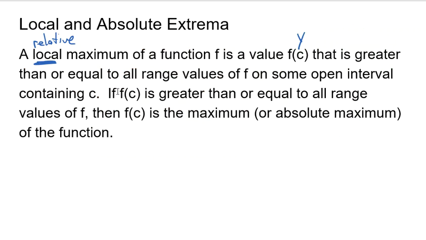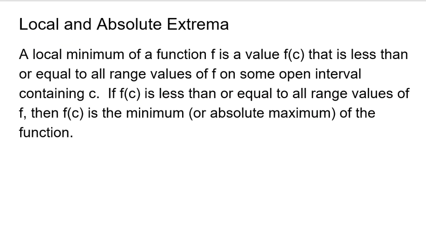Now, if the y value, which again, remember, f of c is just a y value, is greater than all other range values, then it's considered a true max or an absolute global maximum. And I can give the exact same definition for a min. A local min of a function f is a value, f of c, right? Or, again, remember, y.